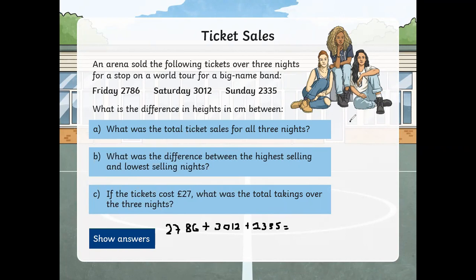Okay, let's just do it quickly. It's always good to practice these. 2,786 plus 3,012 plus 2,335.